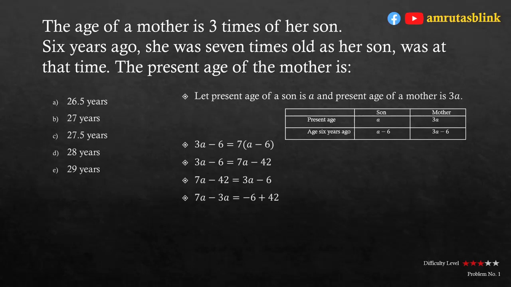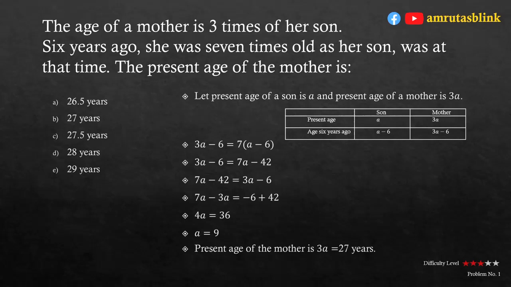Now, 7A minus 3A to the left hand side and all the constants to the right hand side. So, 7A minus 3A is equal to minus 6 plus 42, that is 4A is equal to 36 and hence A is equal to 9. Now, what is asked in the question is what is the present age of the mother. Now, what is A?